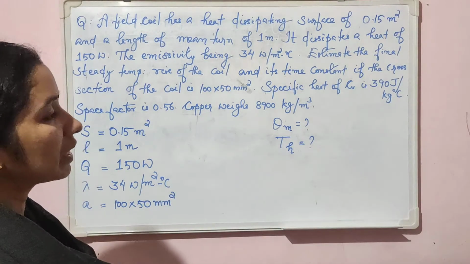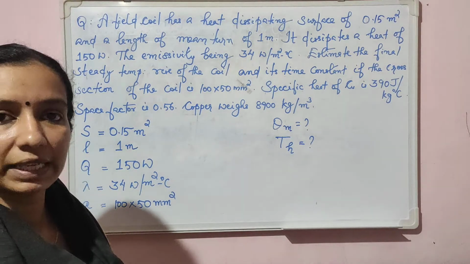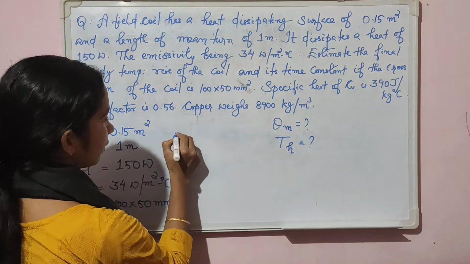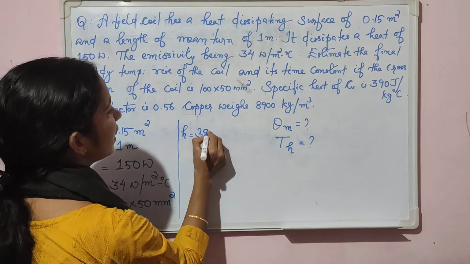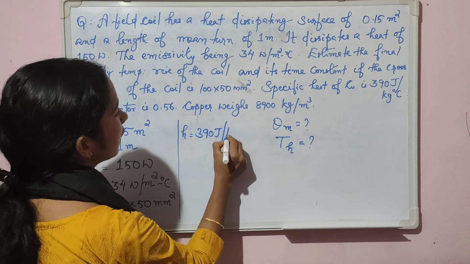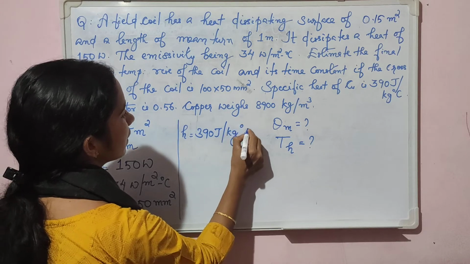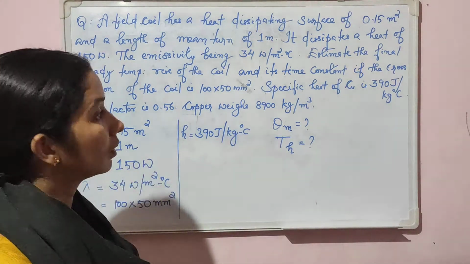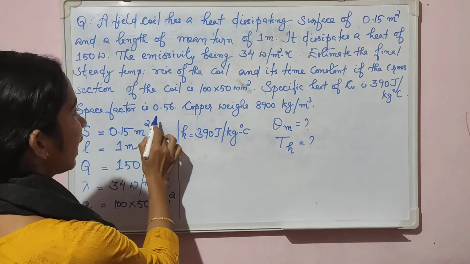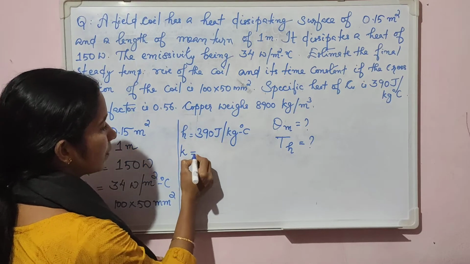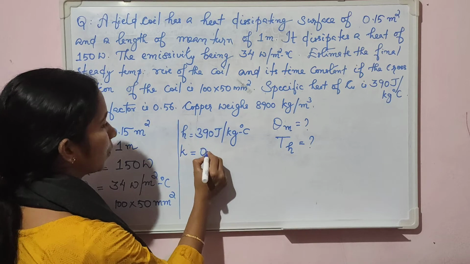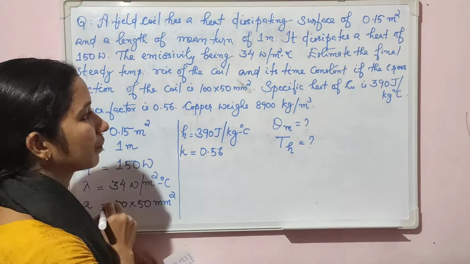Specific heat of copper is 390 joule per kilogram degree Celsius. So H is given as 390 joule per kilogram degree Celsius. Space factor is 0.56. Let us denote it as K. Space factor for copper is 0.56.